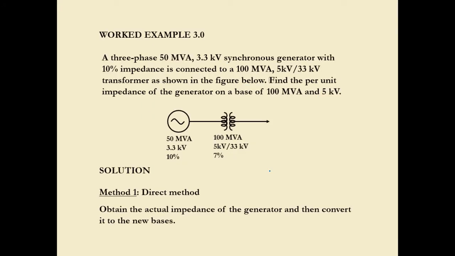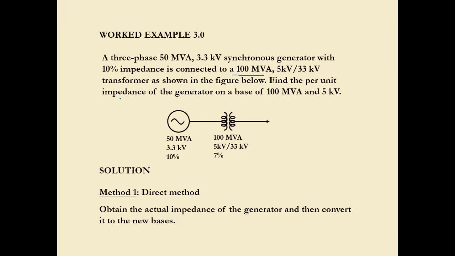So, an example. A three-phase 50 MVA, 3.3 kV synchronous generator with 10% impedance, j0.1 PU, is connected to a 100 MVA, 5 kV to 33 kV step-up voltage transformer, as shown in the figure below.